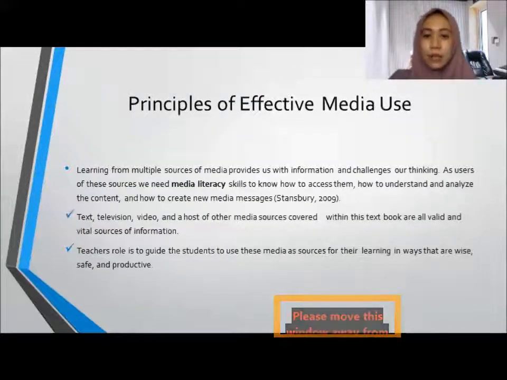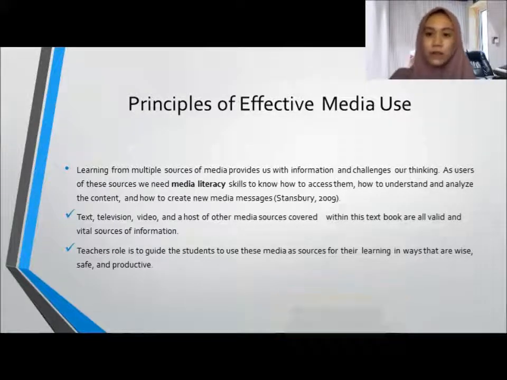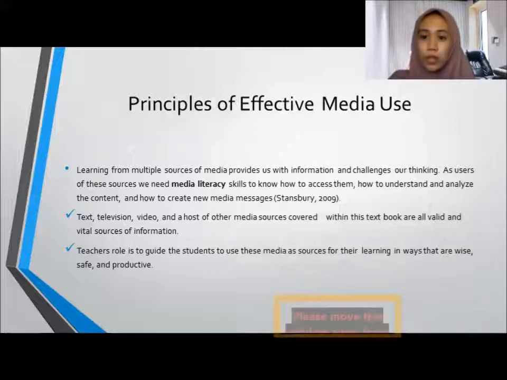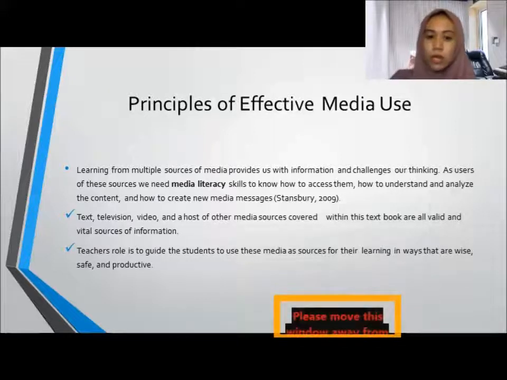Next is the principle of effective media use. Learning from multiple sources of media provides us with information and challenges our thinking. As users of these sources, we need media literacy skills to know how to assess the information, how to understand and analyze the content, and how to create new media messages.